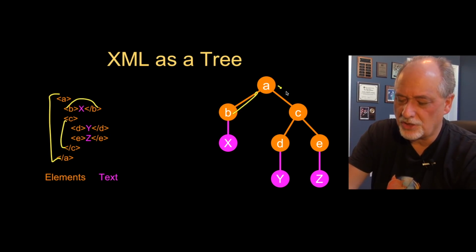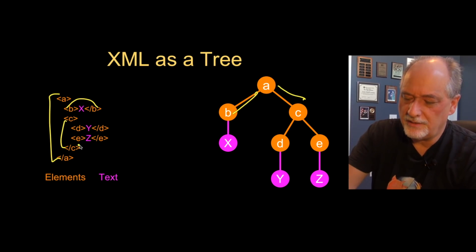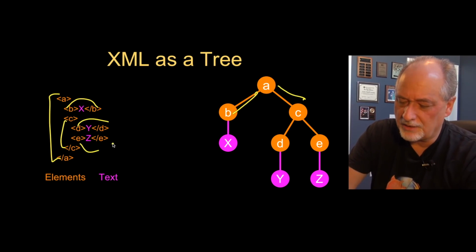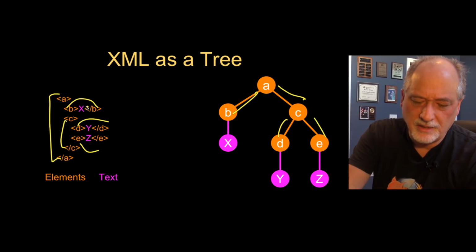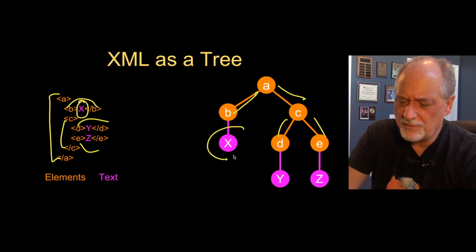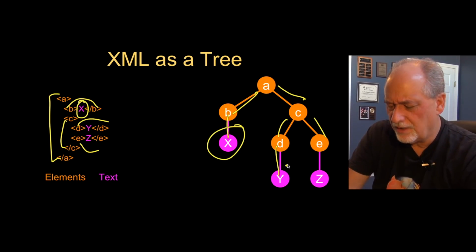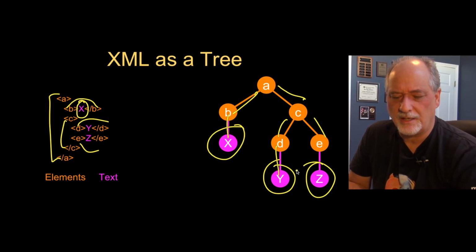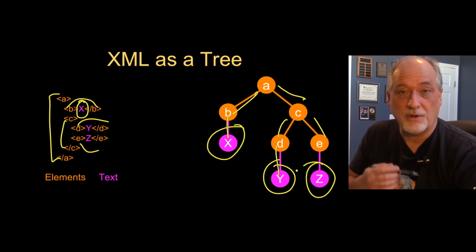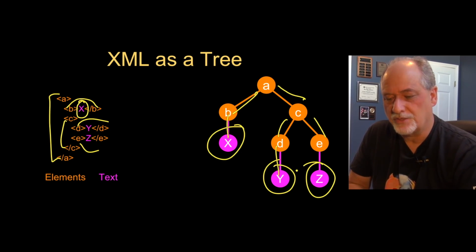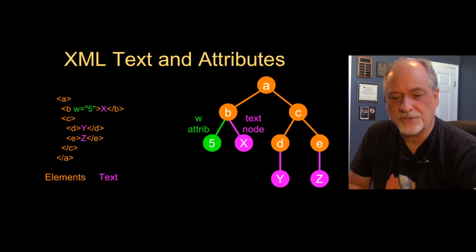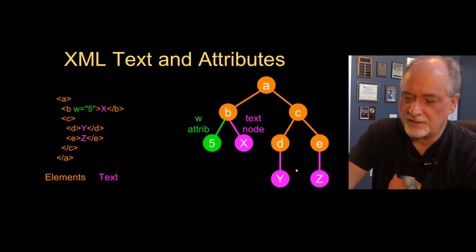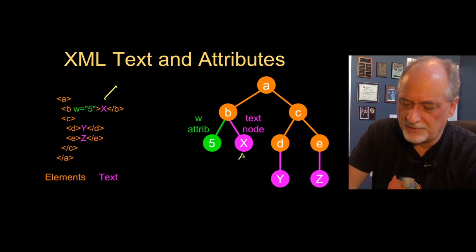So the B tag is a child of A, and then C has a D and an E tag that are children there, and then the textual data we model as a child of each of those tags, and you'll see in a bit why it's best to do that. So that is the way to think about this as a tree, to represent that XML as a tree. If we add attributes to it, this is where you see why it's nice to make the text a child of the node, because an attribute is different.